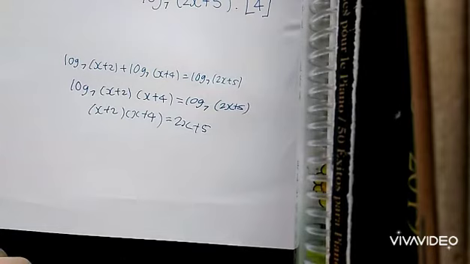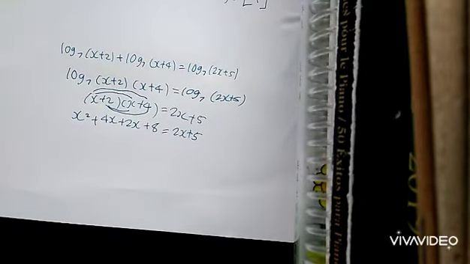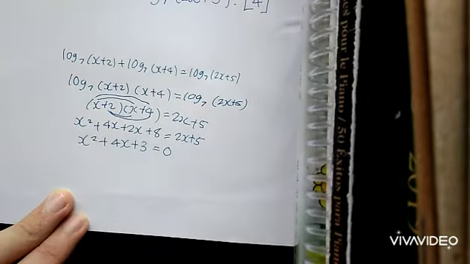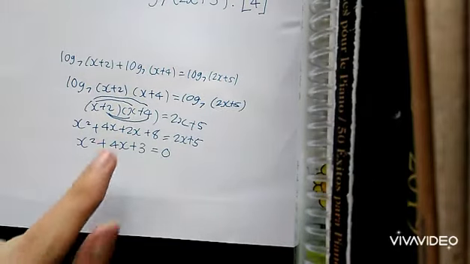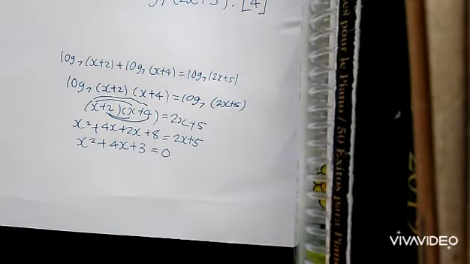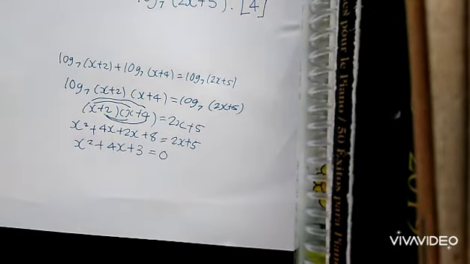So you get this. Now you move the 2x plus 5 over. So you get this. When you come here, there are 3 methods for you to solve: completing the square, quadratic formula, and factorization.